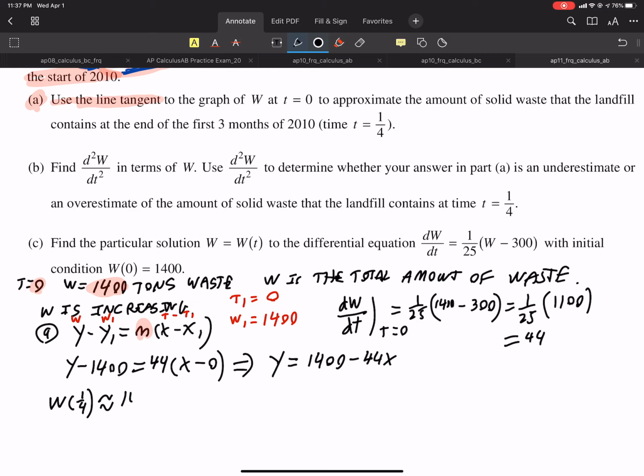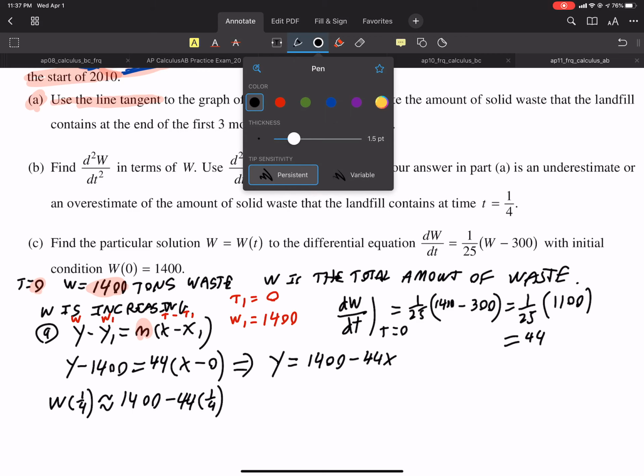So that's going to be 14,000 minus 44 times, where x is actually time. I could have actually put t instead of x there. I probably should have.